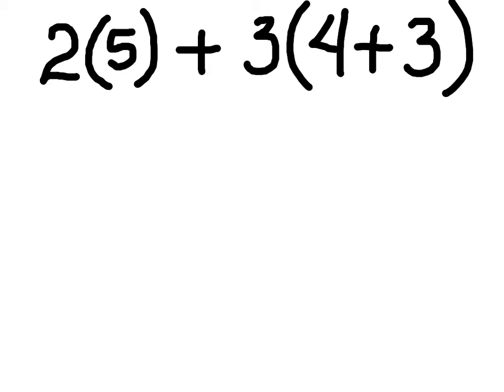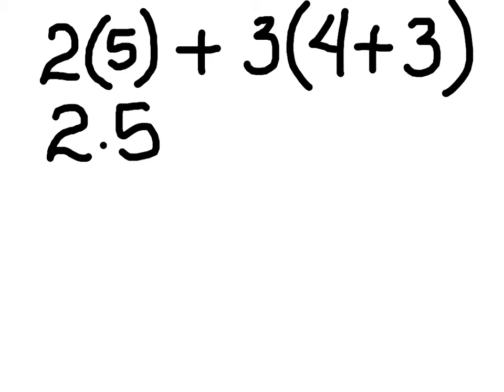Now some people say, well, why do we use the parentheses? Why don't we use the dot or the times symbol? Well, parentheses are cleaner and make sure that the writer and the reader know that it means times. If we do a dot, sometimes what happens is we do 2.5 and we get a little lazy, just like I did there, and we put the dot and it gets a little low in our writing, and instead of looking like 2 times 5, it looks like 2.5 or 2 5/10.